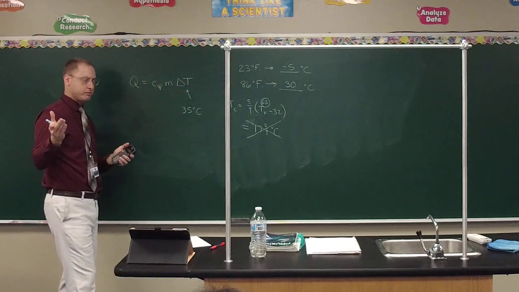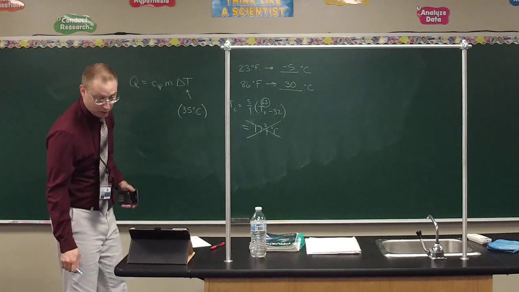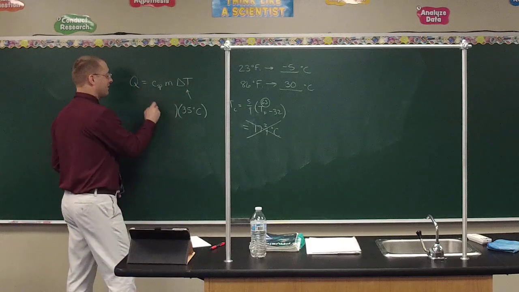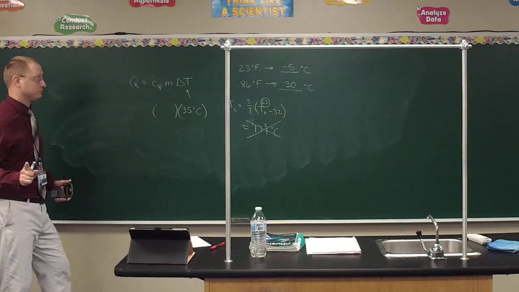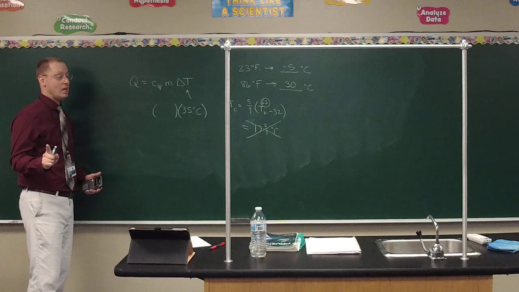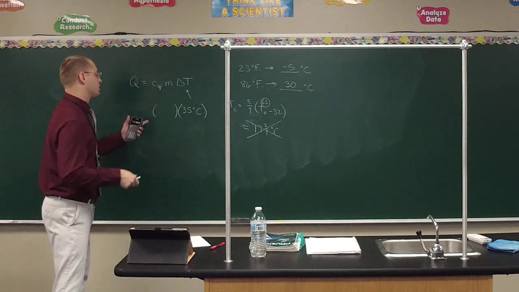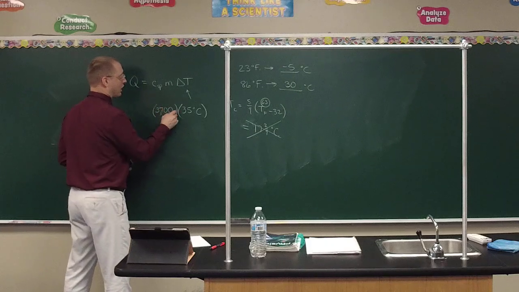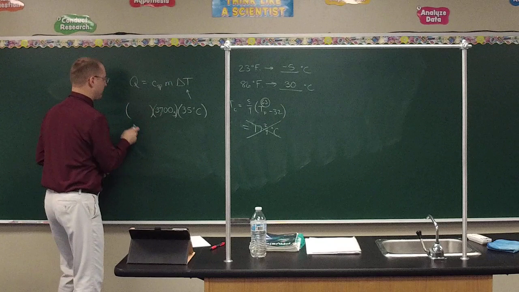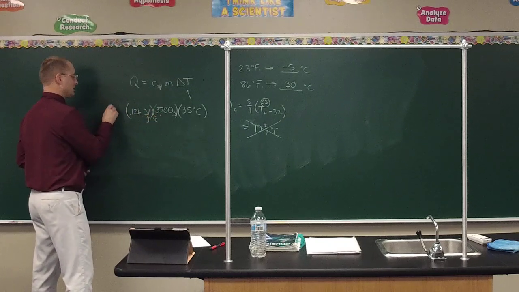Make sense? All right. The mass of the bar of gold. Very nice. 3.7 kilograms. Thoughts, though? It's got to be grams because the specific heat is per gram. So we're going to change this to 3,700 grams. And then, of course, the specific heat was given to you, 0.126 joules per gram times degrees Celsius.